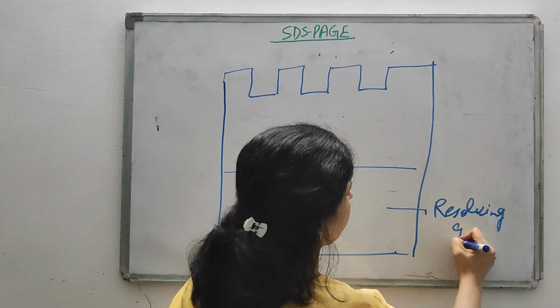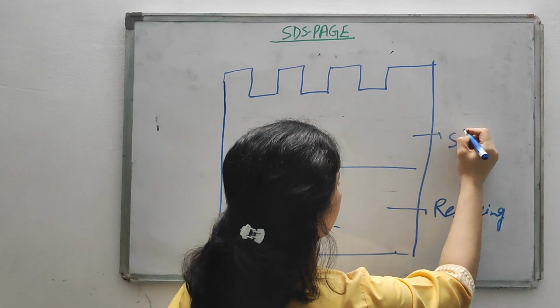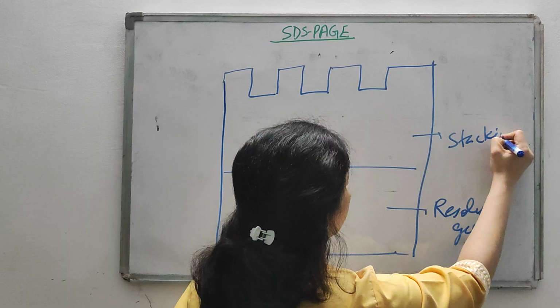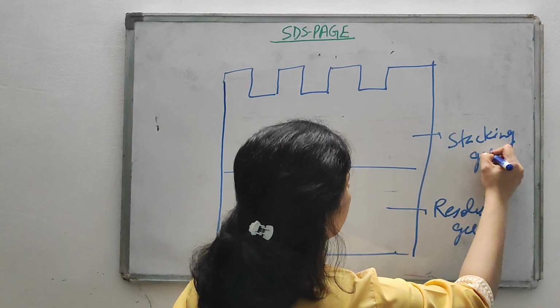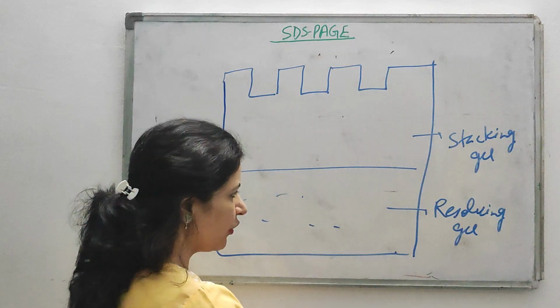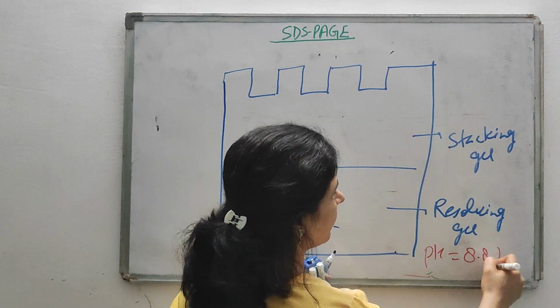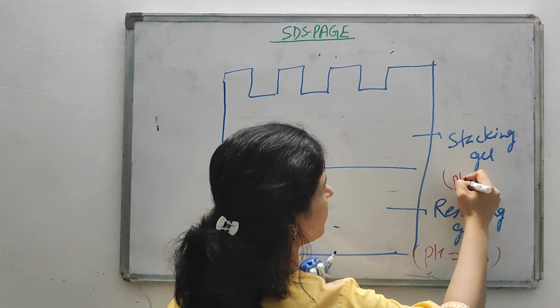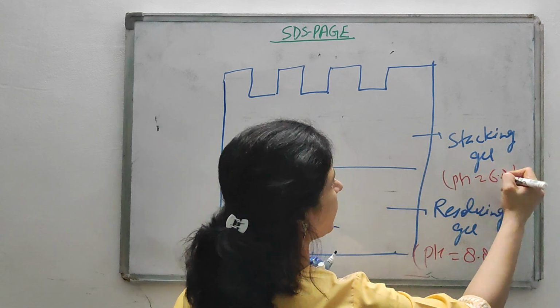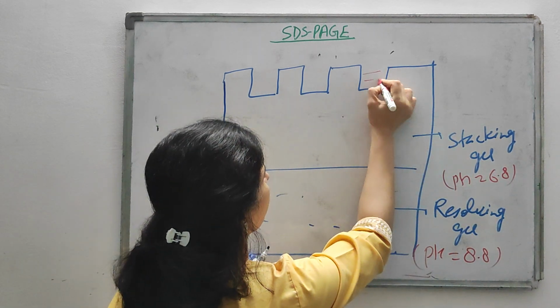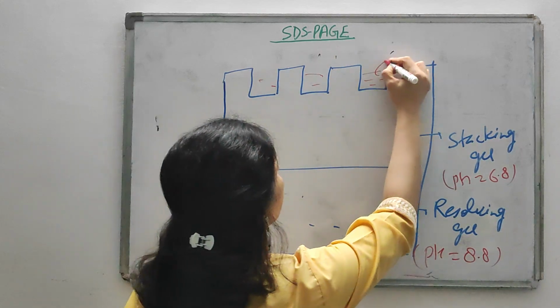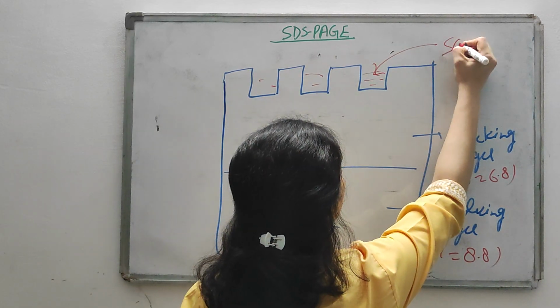Already we have studied this in our previous video. Here you will fill your stacking gel. The pH of this resolving gel is 8.8, and the stacking gel pH is 6.8. And here you pour your sample.